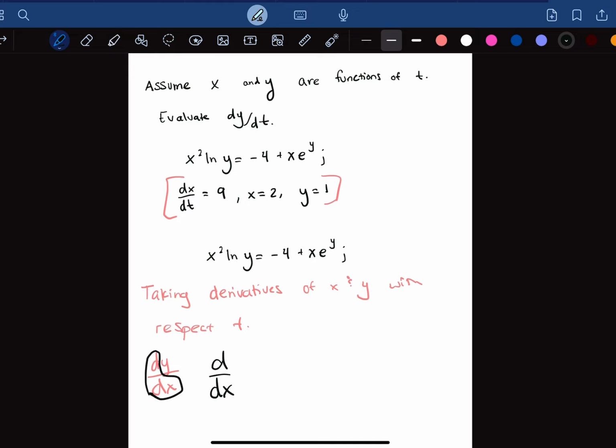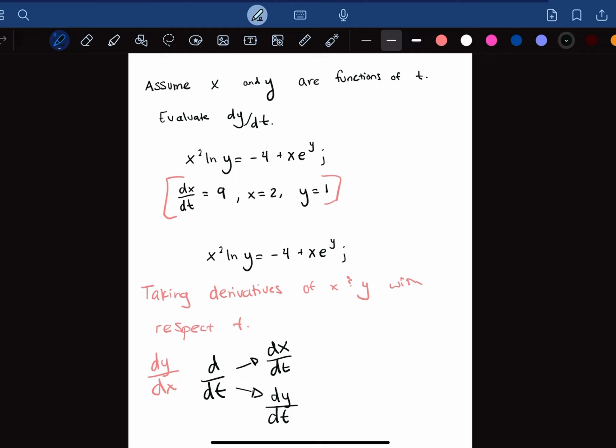For these problems, we have d over dt, so we're taking derivatives with respect to t. Anywhere that we're taking a derivative of x, we're going to have dx over dt, and anywhere in this problem that we're taking a derivative of y, we're going to have dy over dt.